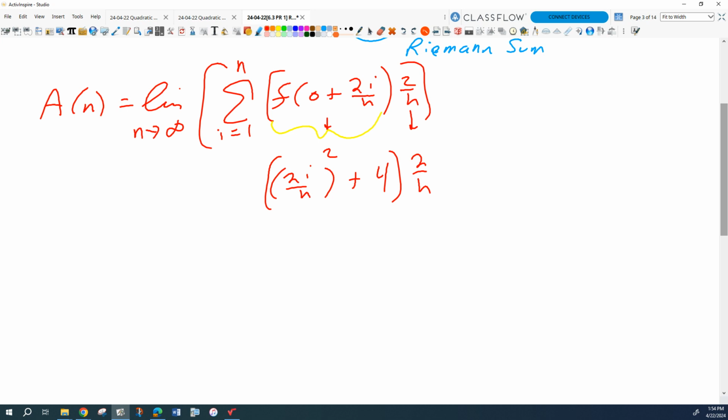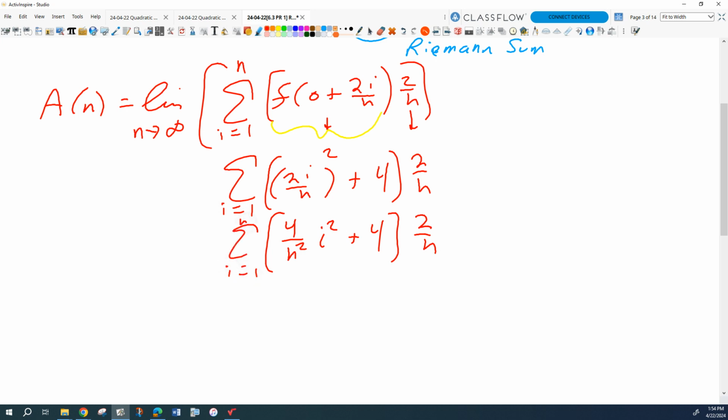So that's the same thing as, we'll call that, 4 over n squared times i squared plus 4. And what are we doing with all that stuff? Well, we are taking a sum of all that, from 1 to n, right?